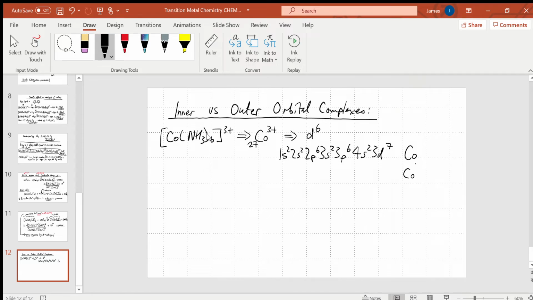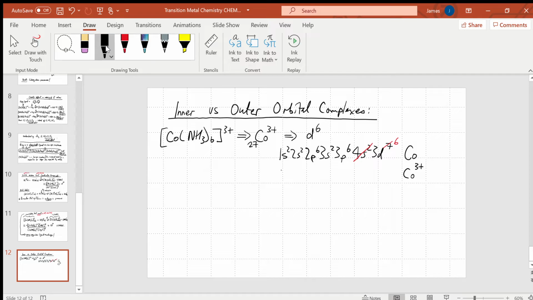But cobalt with a 3+ charge, I've got to lose these 4s. So I would lose those two first, and then I'd lose one of those.